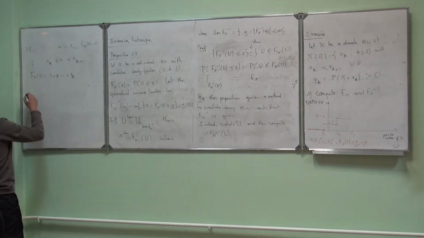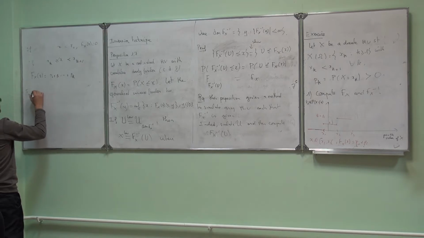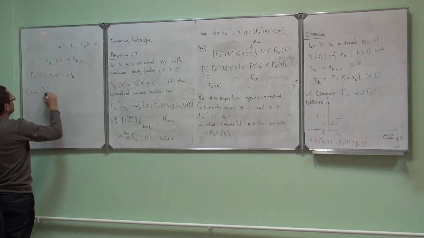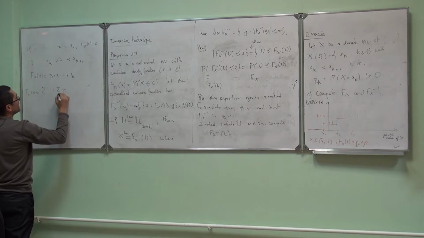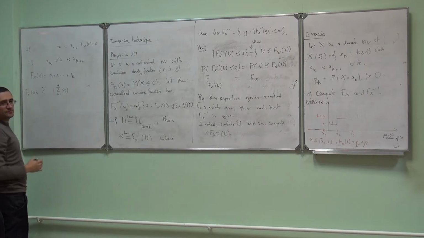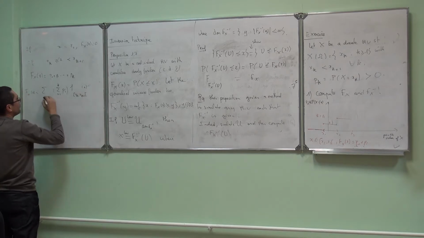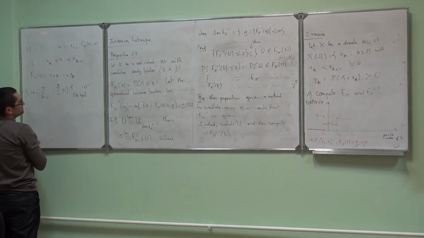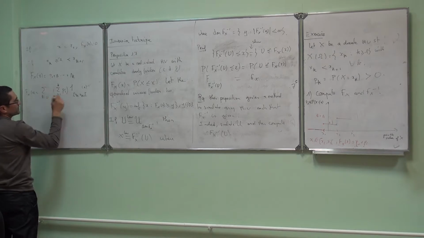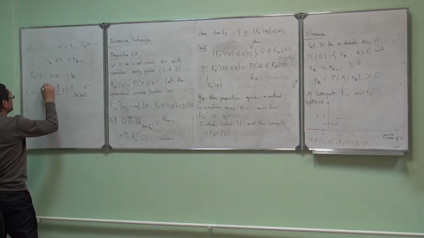So we can write f_X(x) equals the sum of p_i, i equals 1 to k, times the indicator function of the interval [x_k, x_{k+1}) of x, for k equals 0, maybe infinite actually, like this.